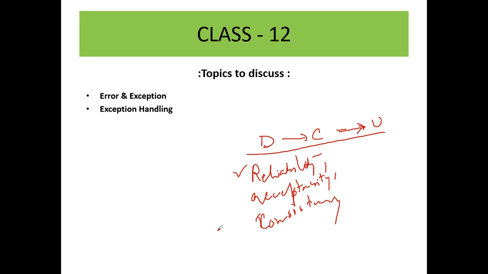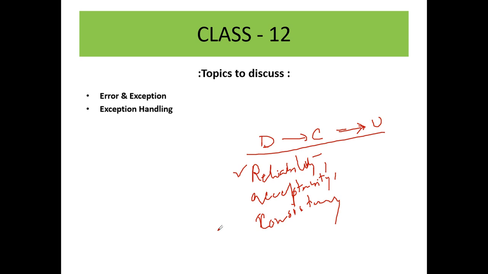What is consistency? Consistency means the application is going to give legitimate output to the user every time. In a consistent way it is producing the output. So you can define consistency in that way.